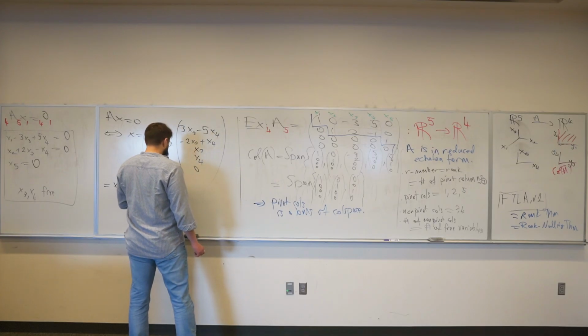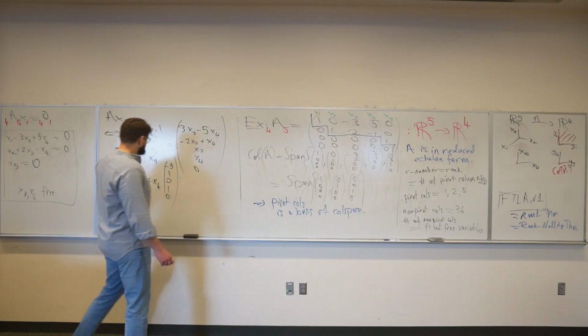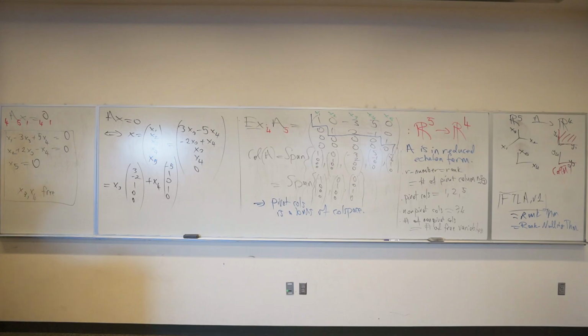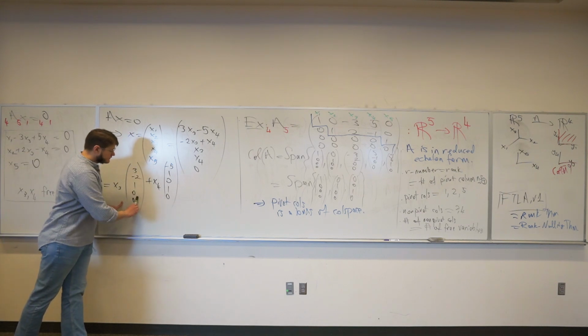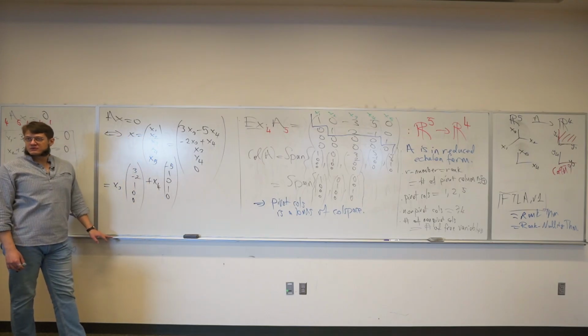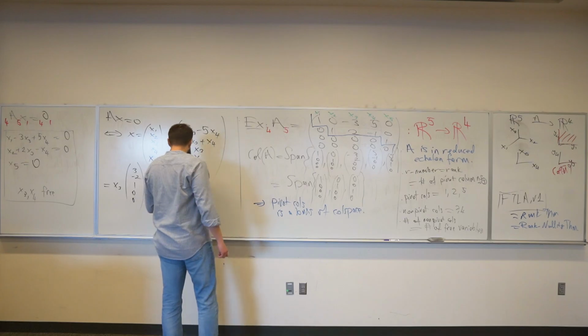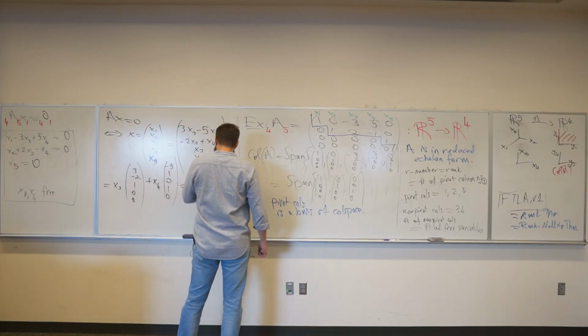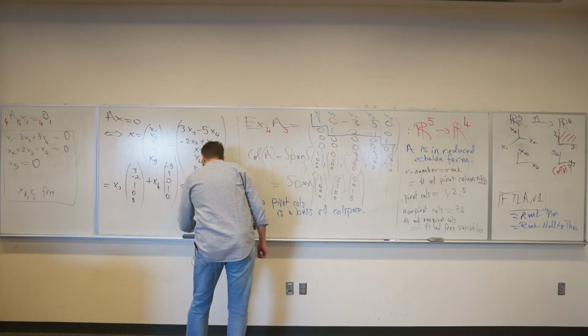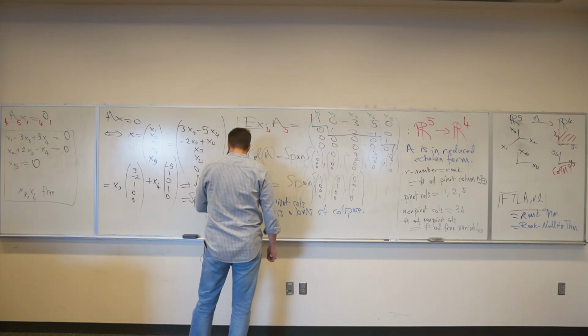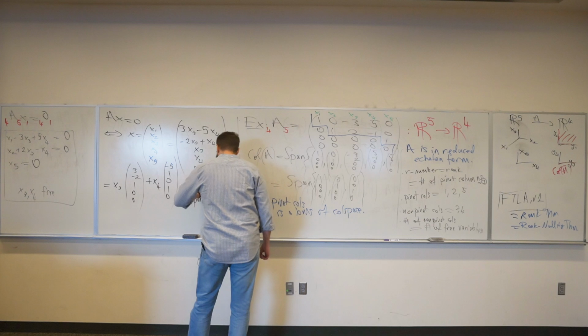Now what does this say? x3 and x4 are free, which means x solves Ax equals 0 if and only if it's in the span of these two 5-dimensional vectors. You can write it like so.